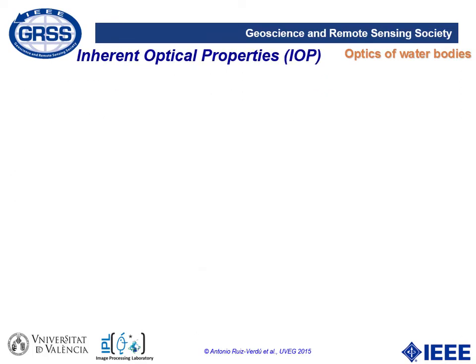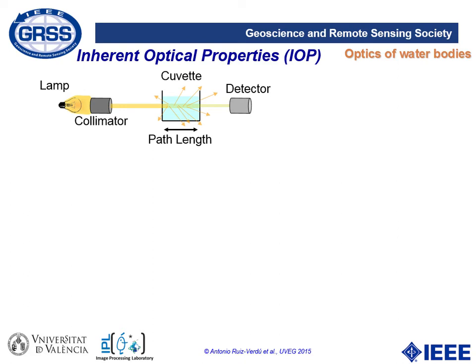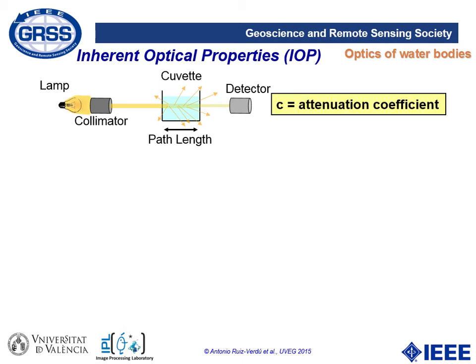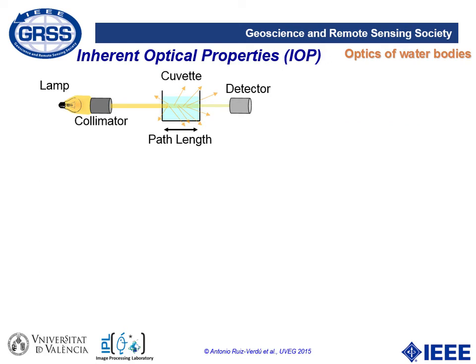Regarding the inherent optical properties, here I represent a typical setup for measuring some of these properties. As you see here, we have a setup composed of a lamp and a collimator that produces a beam of parallel light, and this enters a cuvette in which we have a water sample with particles and dissolved substances.